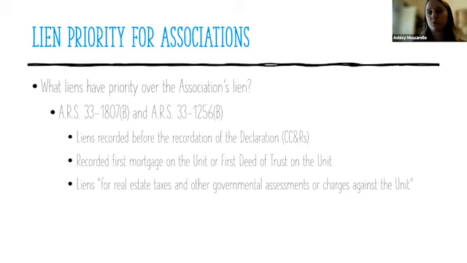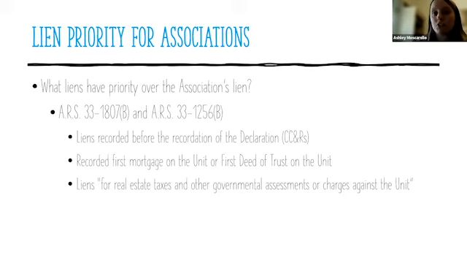So there's largely 3 categories that have priority, or that are first in line before the association when it comes to the lien. One of those, which we very rarely see, is liens recorded before the recording of the declaration. That doesn't come up very often, but it is in the statute. The second one is a recorded first mortgage on the unit or the lot, or a first deed of trust, which is usually held by a bank.